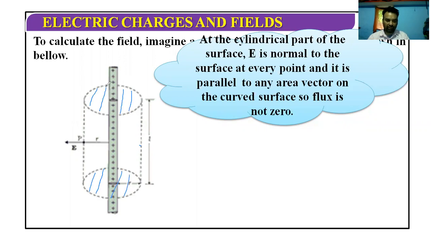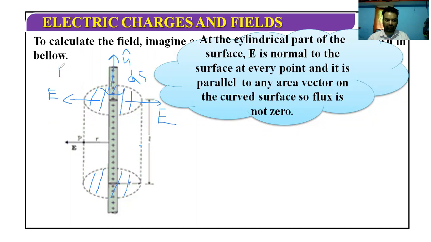If I take any electric lines, they are moving either this side or this side, radially outward, because this is a rod having positive charge, so the field lines will be radially outward. But if I take a small area element ds, and I take a normal to this ds, that will be a unit vector n.